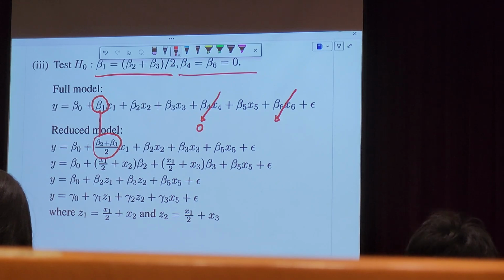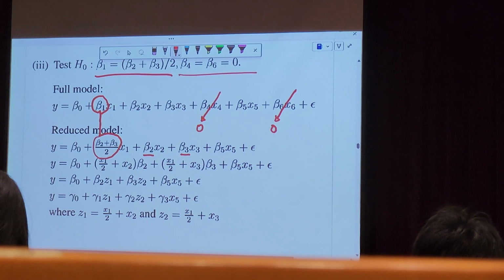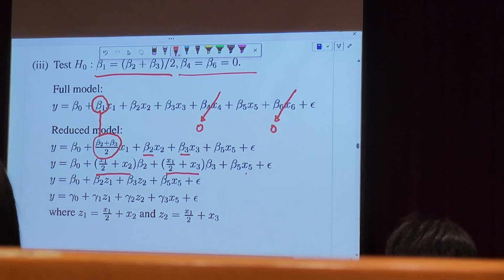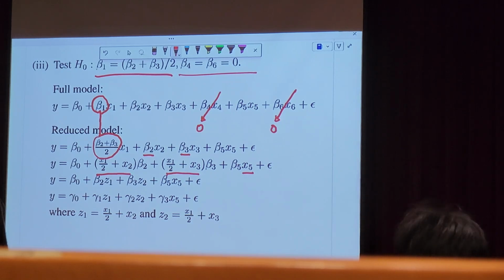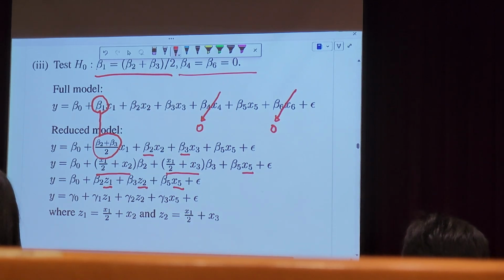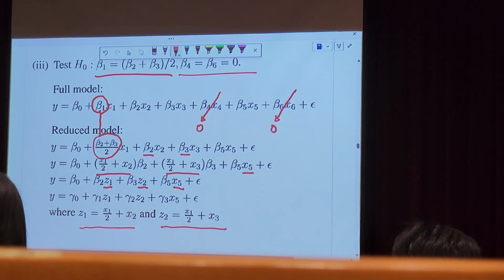So I have beta 2, beta 3 over 2, and then of course I need to combine all the beta 2 and beta 3 together. So these are the new regressor variables. There are only 3 of them now in the reduced model. I call the 3 new regressor variables Z1, Z2, X5. X5 stays the same, where Z1 is this and Z2 is this.